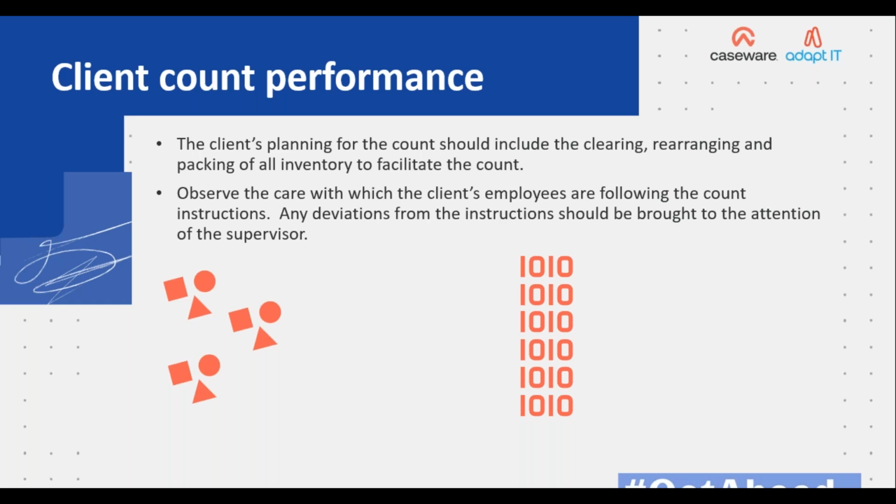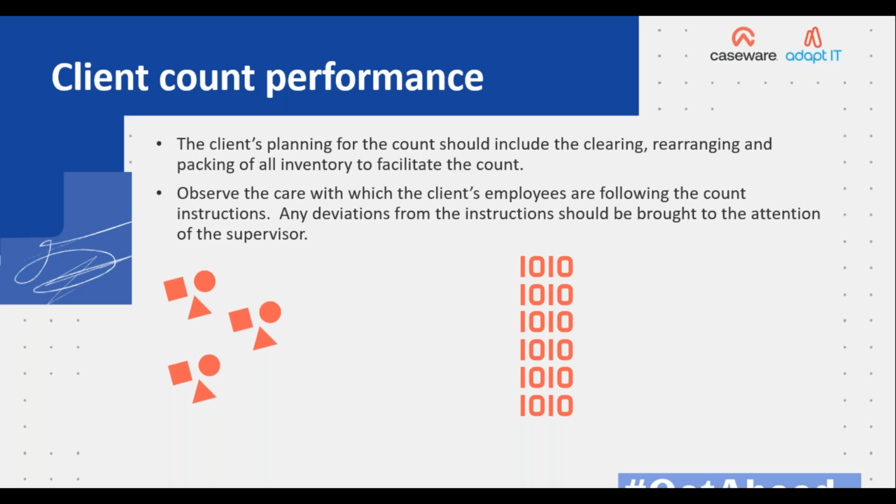So it's important to have the client planning for the count, having everything cleared and rearranged to facilitate the count. The point of the kitchen example is just to point out it's not just about counting, right? It's not just, okay, we've got 10, bam, bam, bam, 10. It's all about having an accurate count.